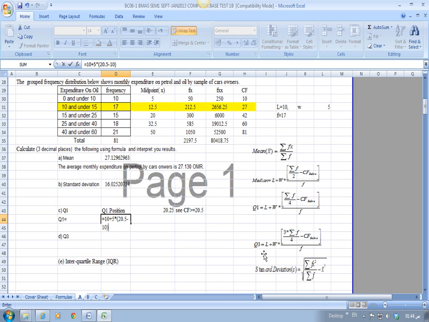Close the bracket, divide by 17, press enter, and this one is the first quartile.